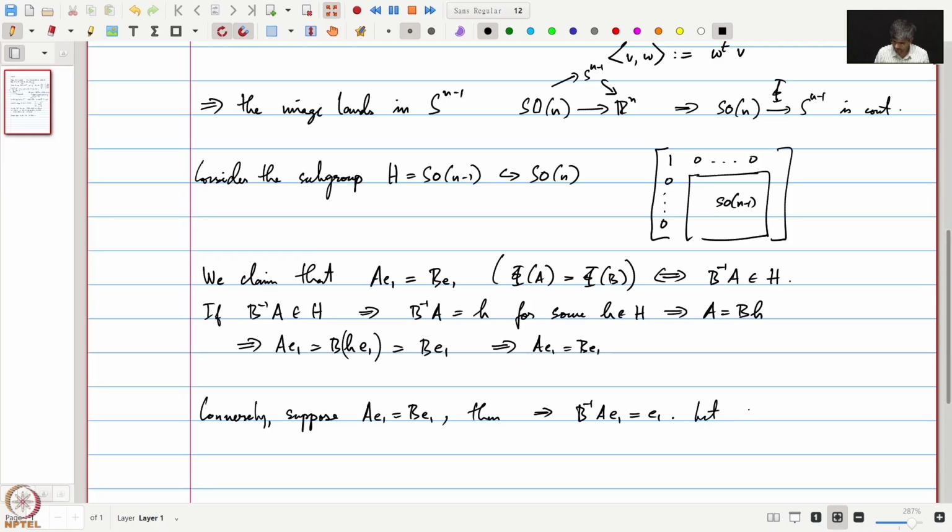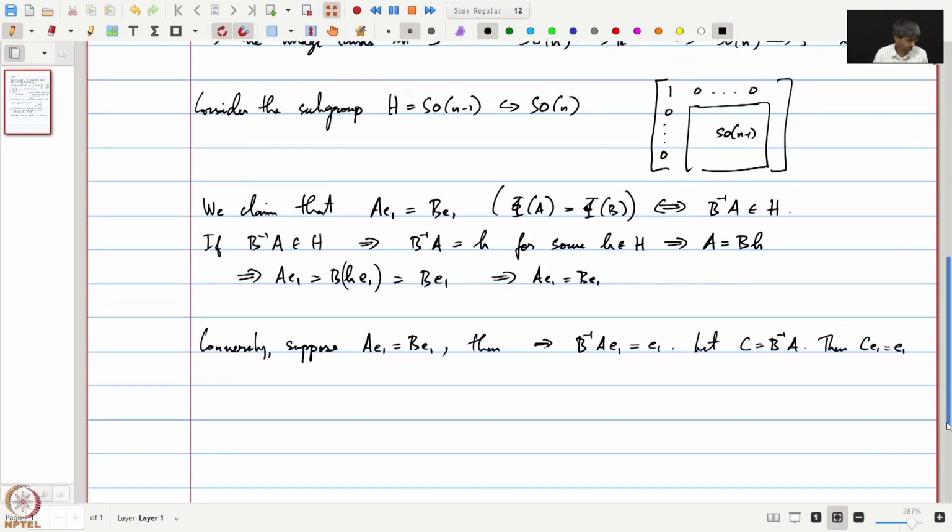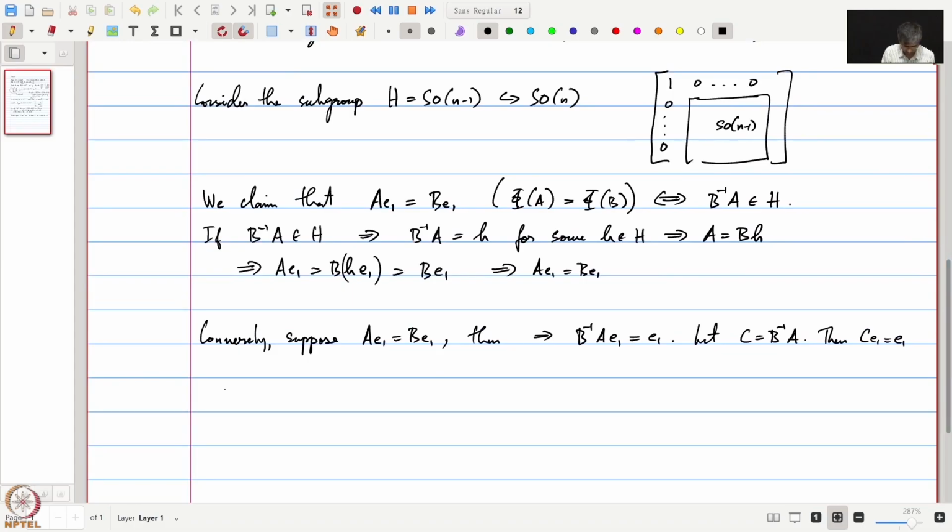So we let C be the matrix B inverse A. Then CE1 is equal to E1. So this implies that C is a matrix which looks like this. CE1 is equal to E1, which means the first column looks like this and the others can be anything.